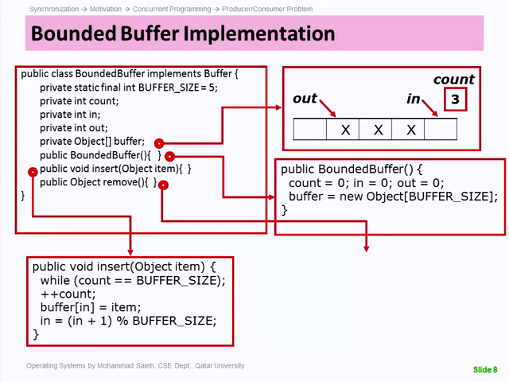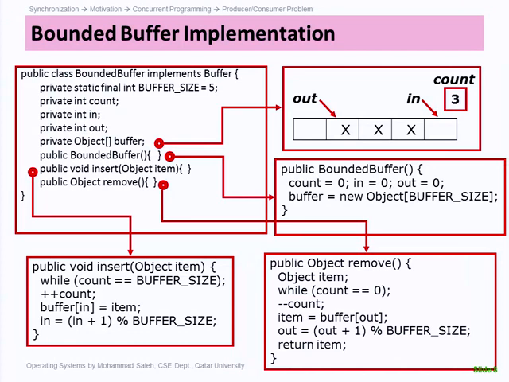The next position is the one after that, right? But because we have a bounded array, we might reach the end, so we need to iterate back to the front. So we take the modulus with the size. Clear? Okay. Now we have a similar implementation for the remove.